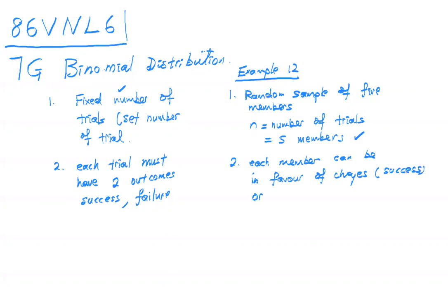Or not in favor of changes, that is failure. That is how I should write. I cannot say success and failure. I have to tell what is considered as a success, what is considered as a failure. Okay, now, are you clear? Each trial, each member here, there are 5 members there, each of them will have a choice.